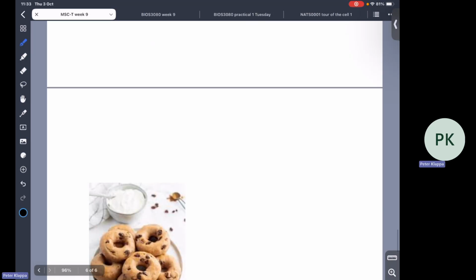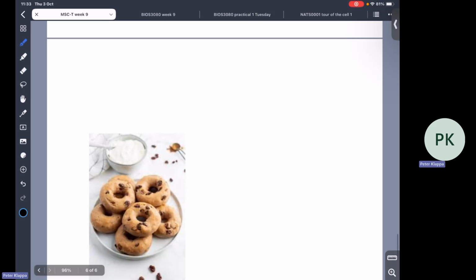We can look at other distributions. Here is a typical distribution. Well, actually, it's not a distribution. It is my favorite breakfast. It is cinnamon and raisin bagels. Who likes cinnamon and raisin bagels? Hands up.